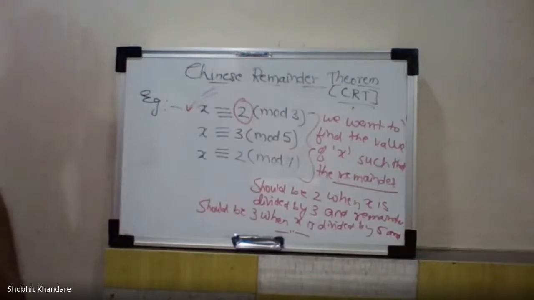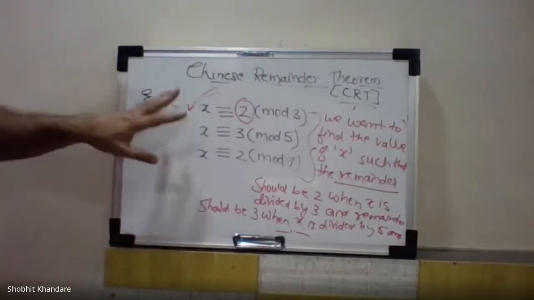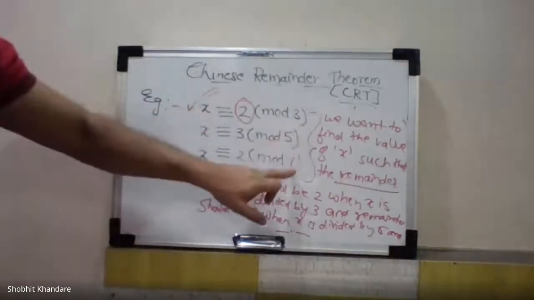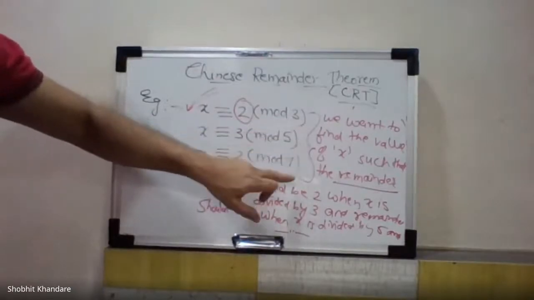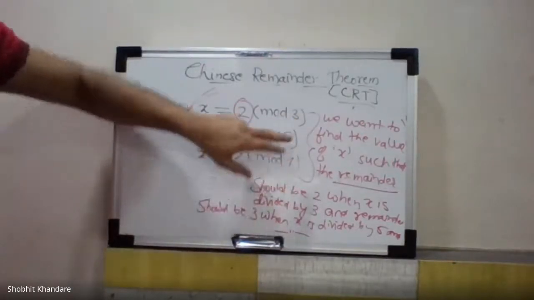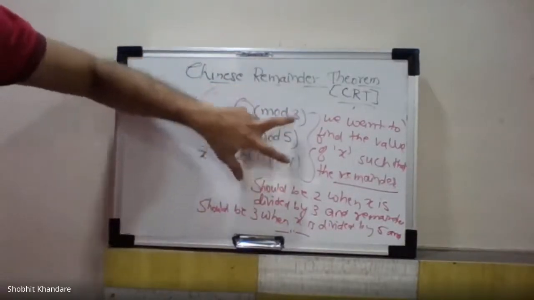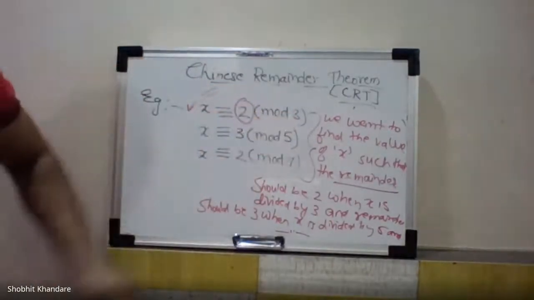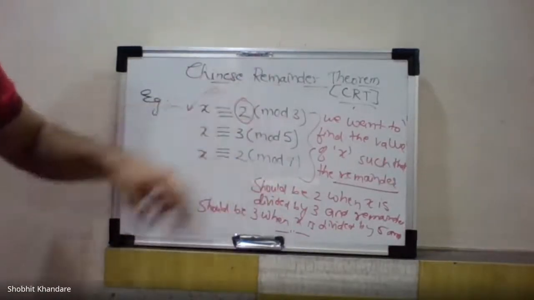But before solving this, there is a condition. Whenever you solve such type of problem, you have to see that 3, 5 and 7 are co-prime numbers, or their GCD should be 1. That means 3 and 5 GCD 1, 5 and 7 GCD 1, and 3 and 7 GCD 1. Only if this is so will we be able to implement the Chinese remainder theorem.